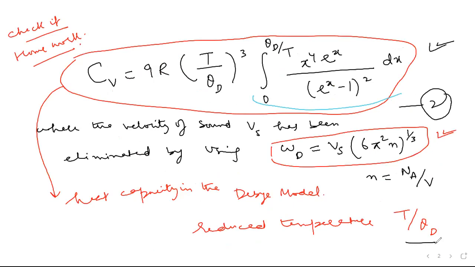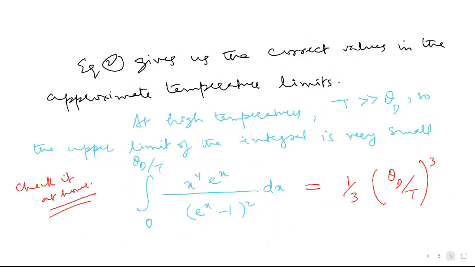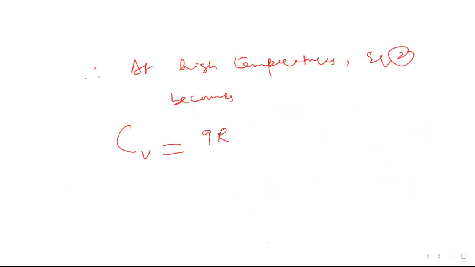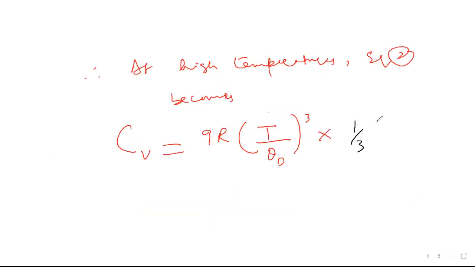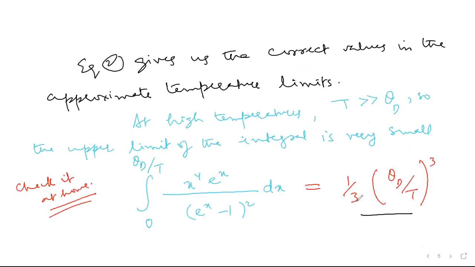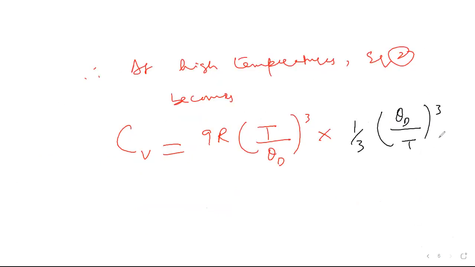So in front of it, I have 9R times T by theta D cubed. Now I multiply with the value of the integral obtained, 1 over 3 theta D over T cubed. T cubed will go with T cubed, theta D cubed will go with theta D cubed.